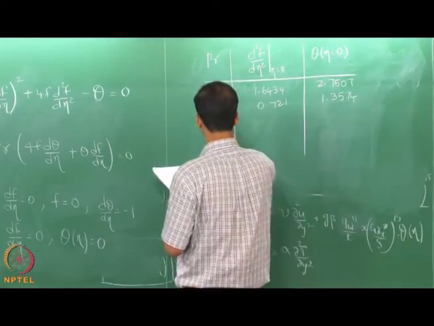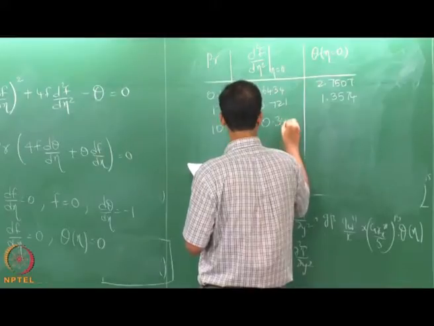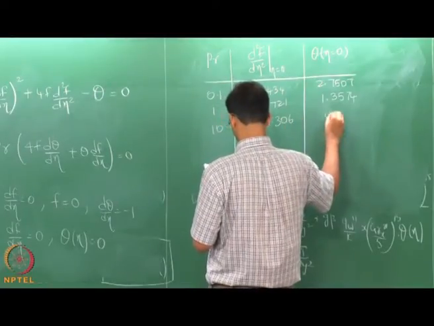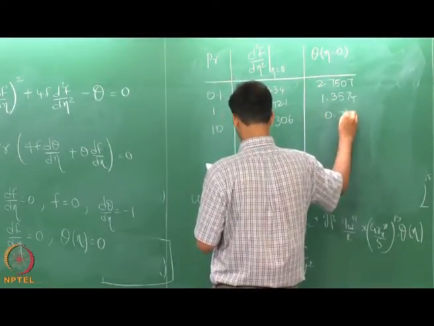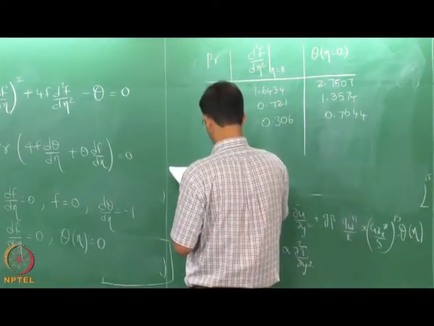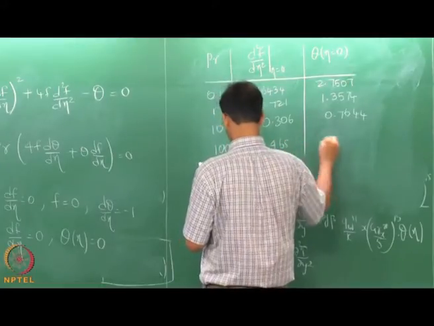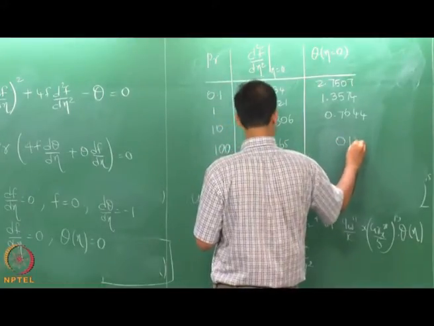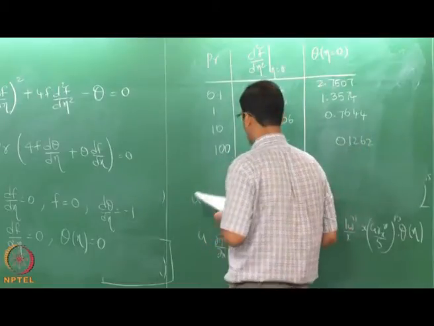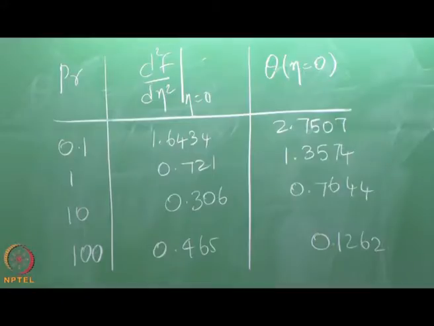Prandtl number of 10, this is 0.306, 0.7644. Prandtl number of 100 is 0.465, 1262. So, these are the different values.